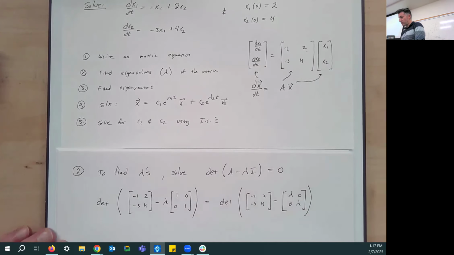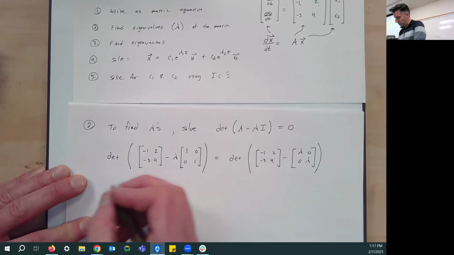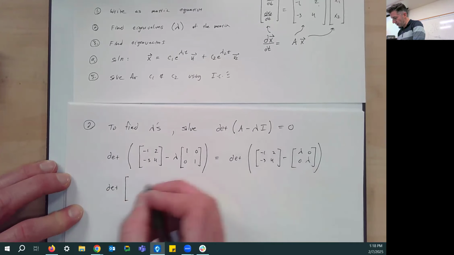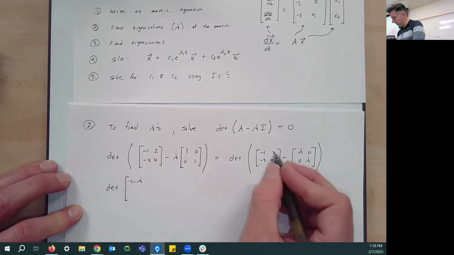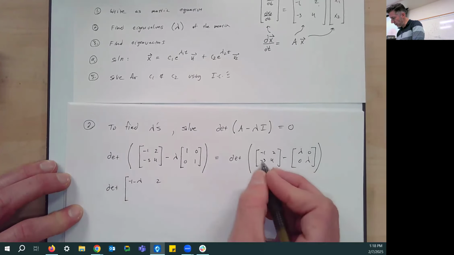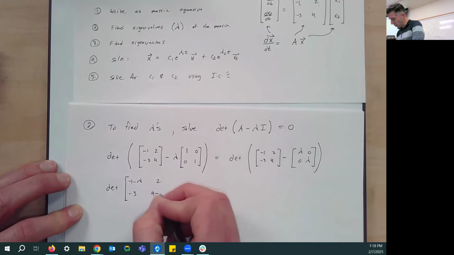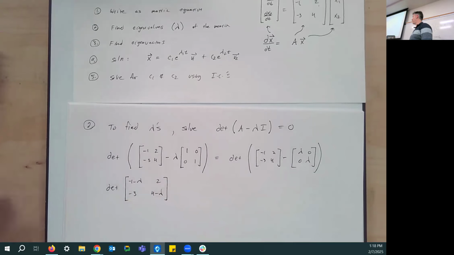And then what you should actually write down is the determinant of -1 minus lambda, 2 minus 0, -3 minus 0, and 4 minus lambda. In other words, when you're starting off the process of finding the eigenvalues, you start by writing the determinant of your matrix where you're subtracting lambda from each of the diagonal spots.